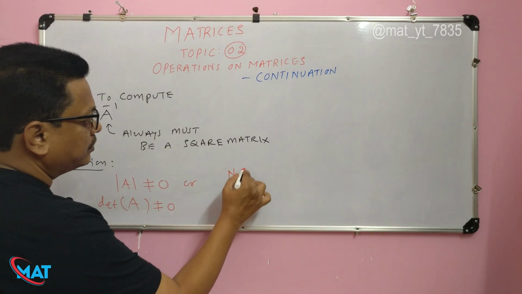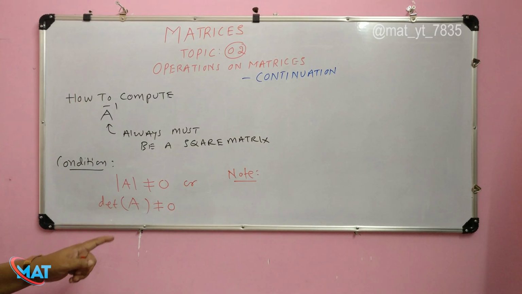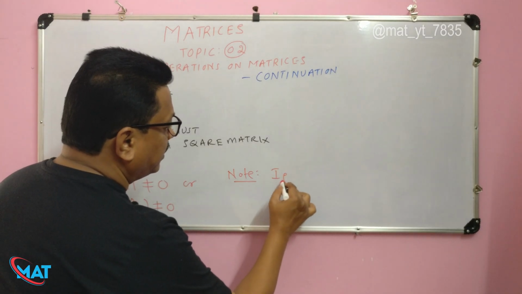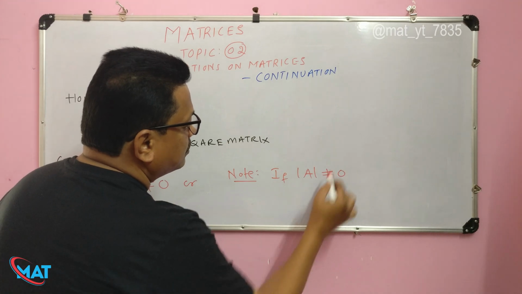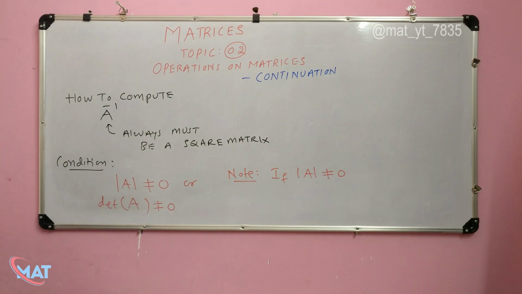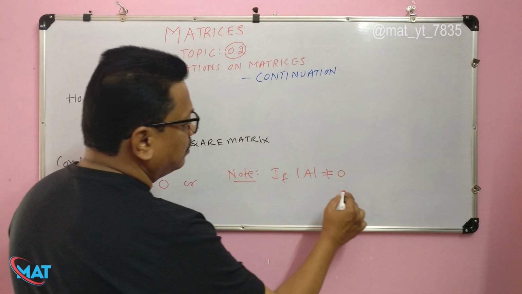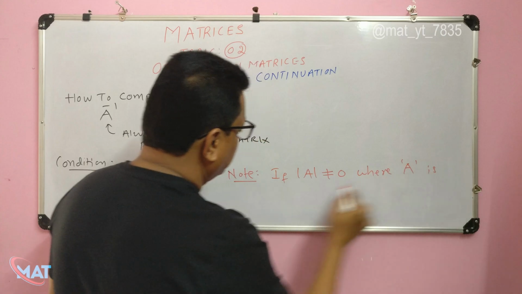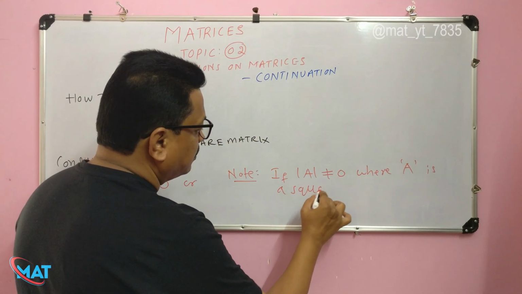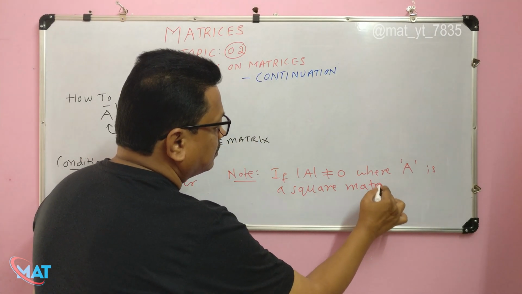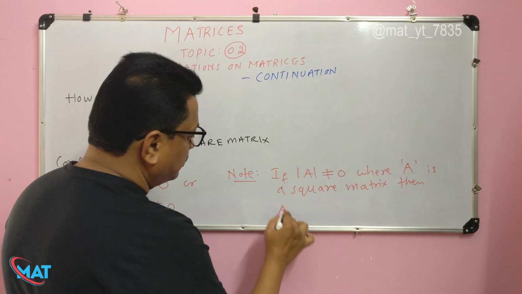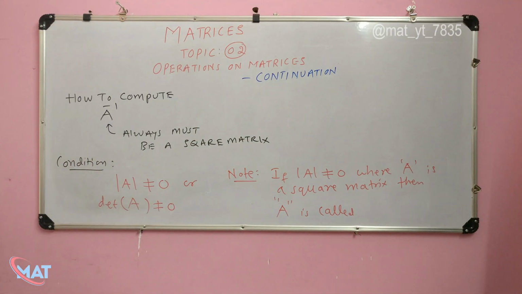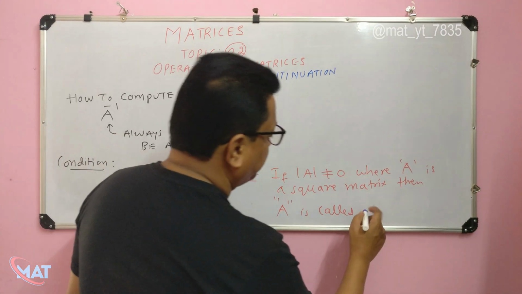Note point, if any square matrix satisfies this property, that matrix is called a non-singular matrix. If det A is not equal to 0, where A is a square matrix, then A is called a non-singular matrix.